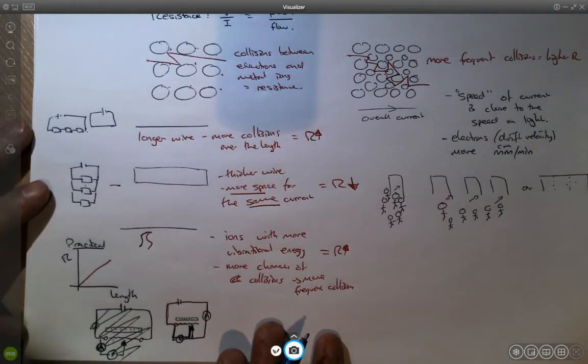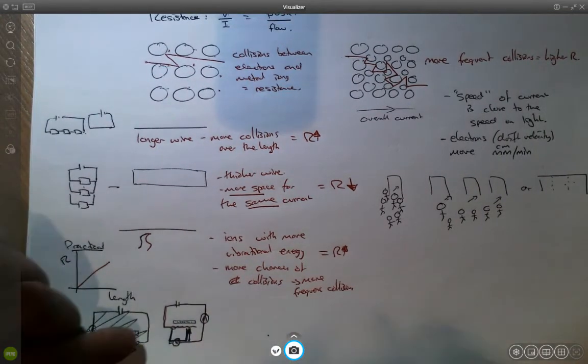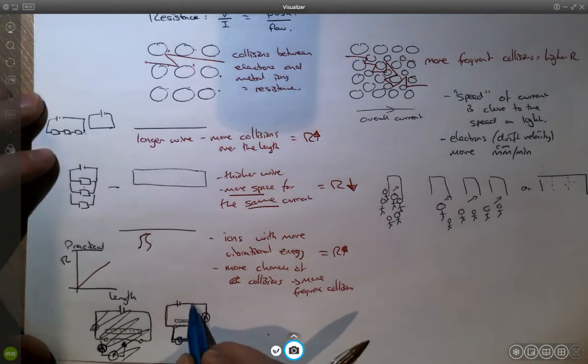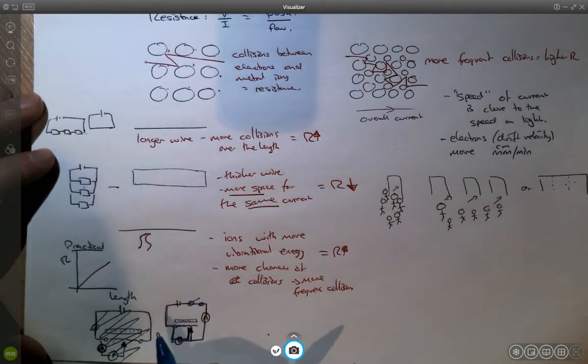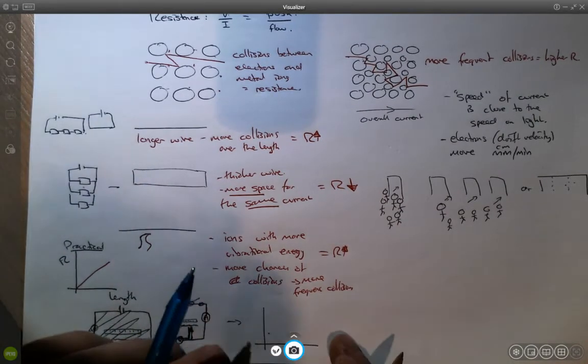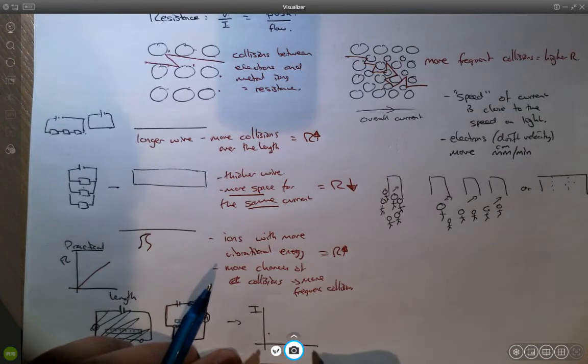Really quick and really simple, as long as you encourage students to unplug the cell each time, probably with the addition of a switch so that it doesn't get too hot. So this leads us nicely to the IV graph for a wire.